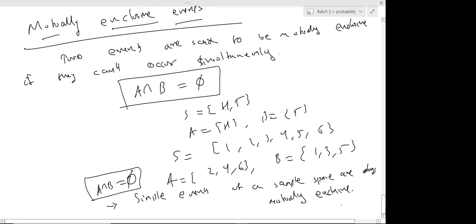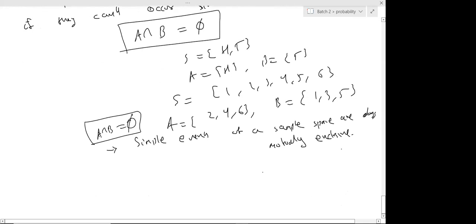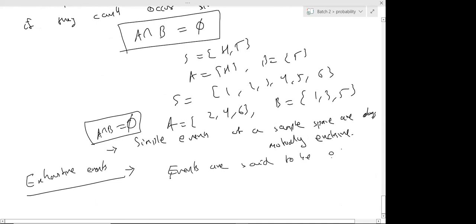This is mutually exclusive, that they cannot happen together or simultaneously. Now, exhaustive events. Events are said to be exhaustive if their union is the sample space.